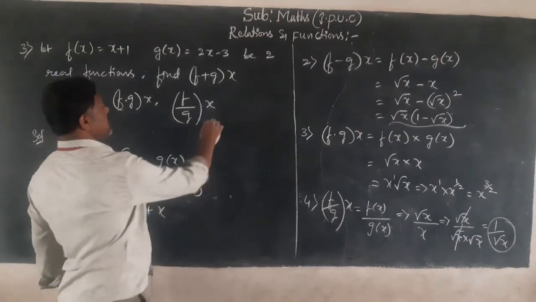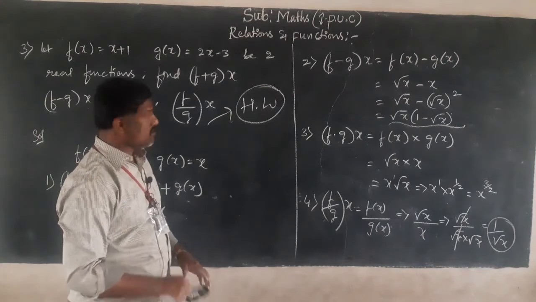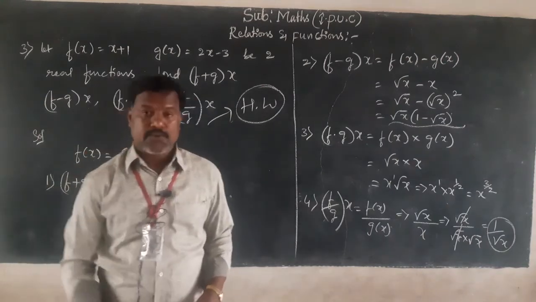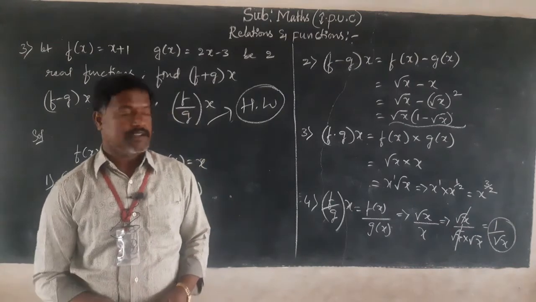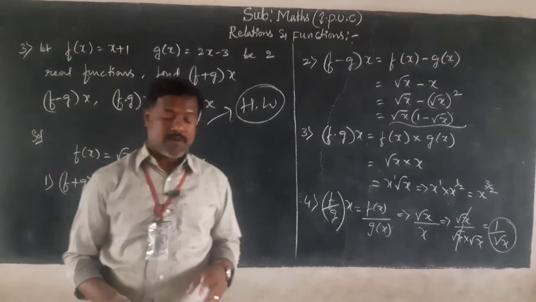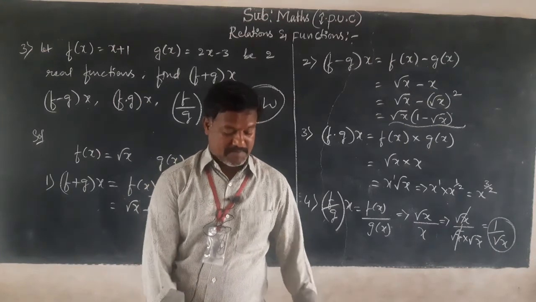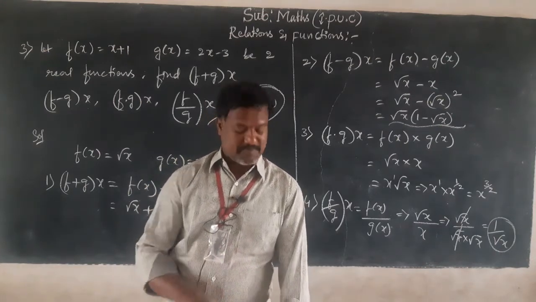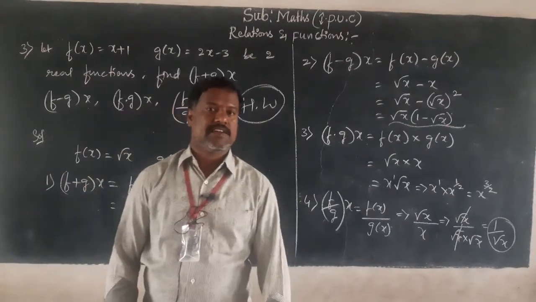Take this one as homework. By keeping your video and your notes, you can do it yourself. Okay, children? By giving a homework problem, I am closing. I am stopping this video and also this chapter, that is relations and functions.